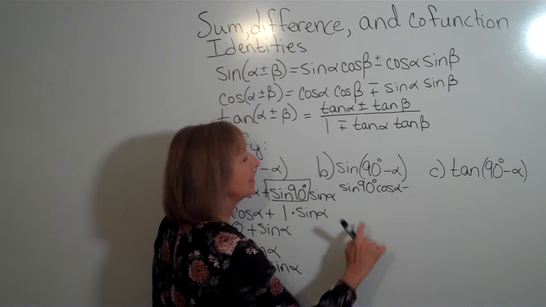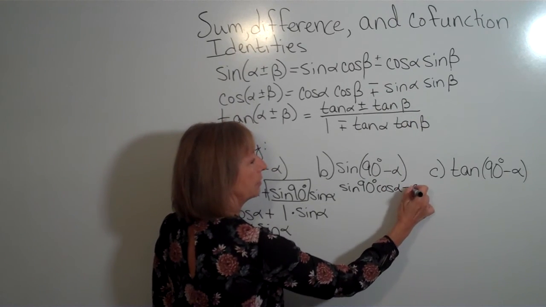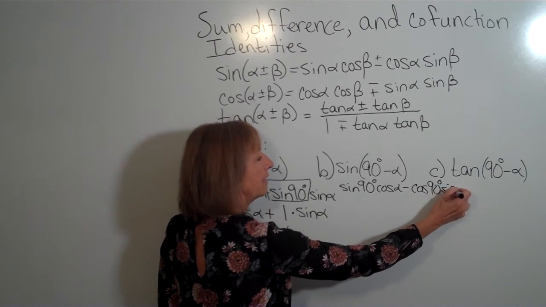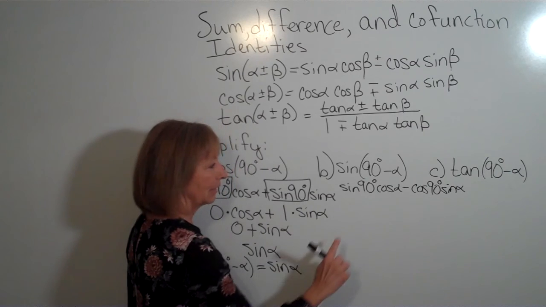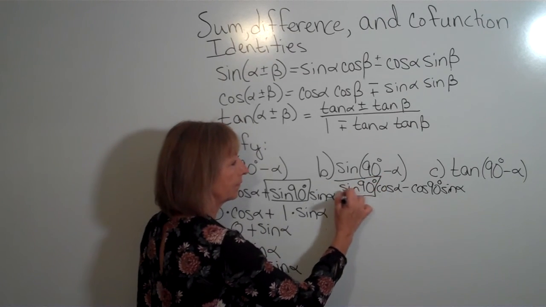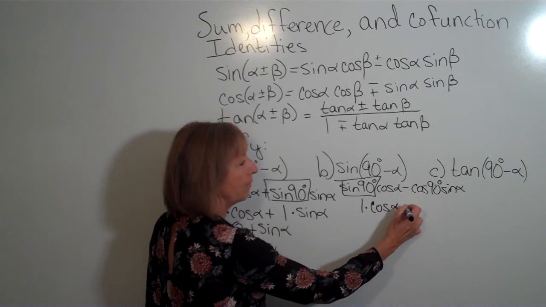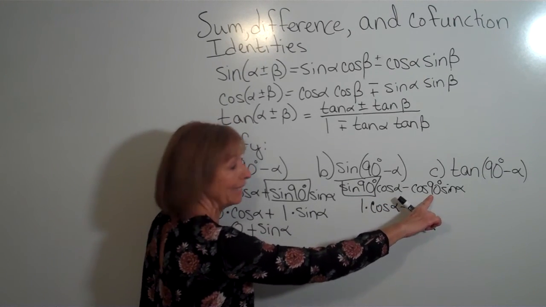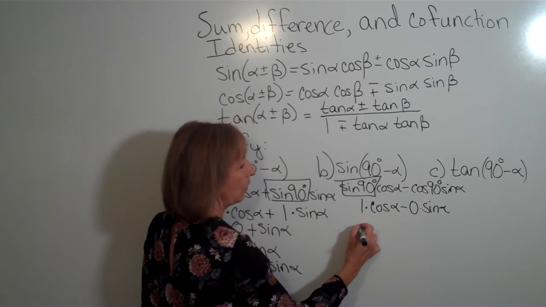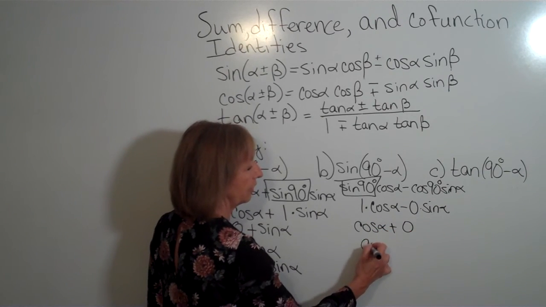Minus the cosine of the first angle, so cosine of 90 degrees times the sine of alpha. Well, sine of 90 degrees is 1. So I have 1 times the cosine of alpha minus cosine of 90 degrees, which is 0, times sine alpha. So I have cosine alpha plus 0, which is cosine alpha.